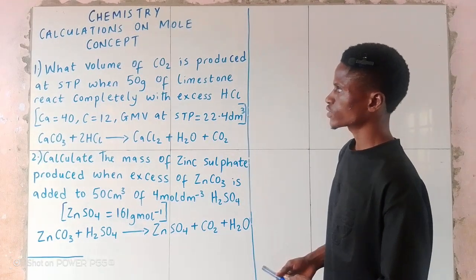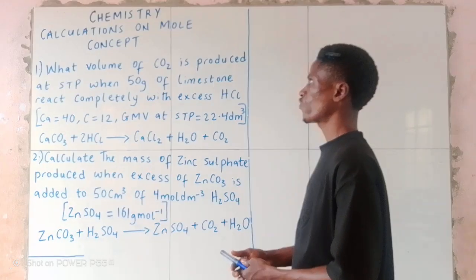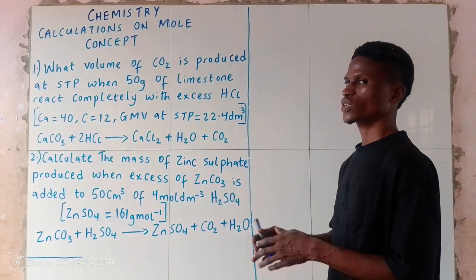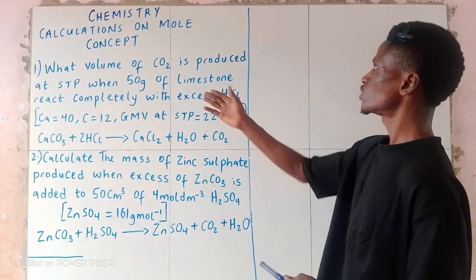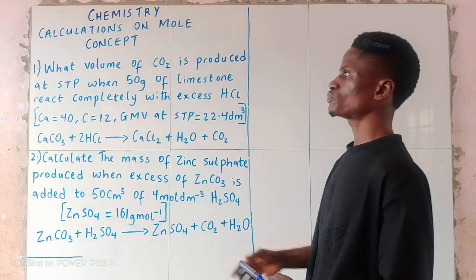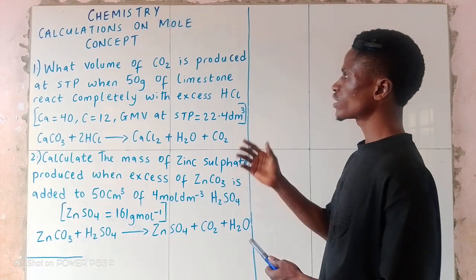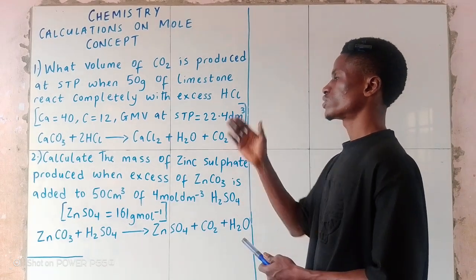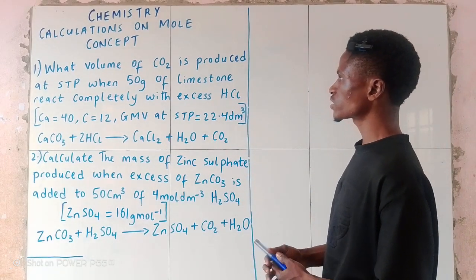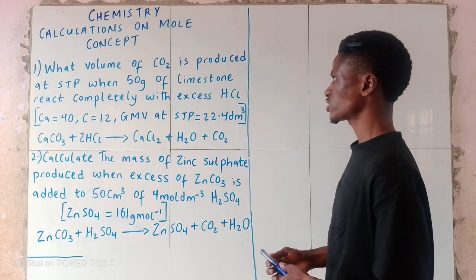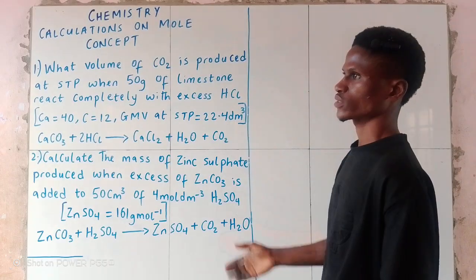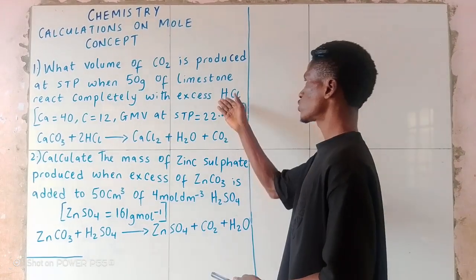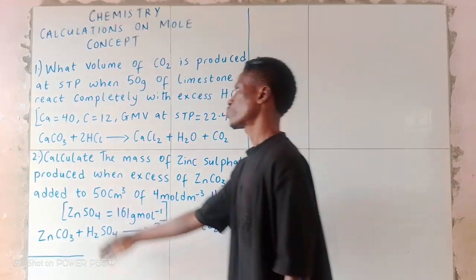Question 1 says: what volume of CO2, which is carbon dioxide, is produced at STP when 50 grams of limestone reacts completely with excess hydrochloric acid, HCl?